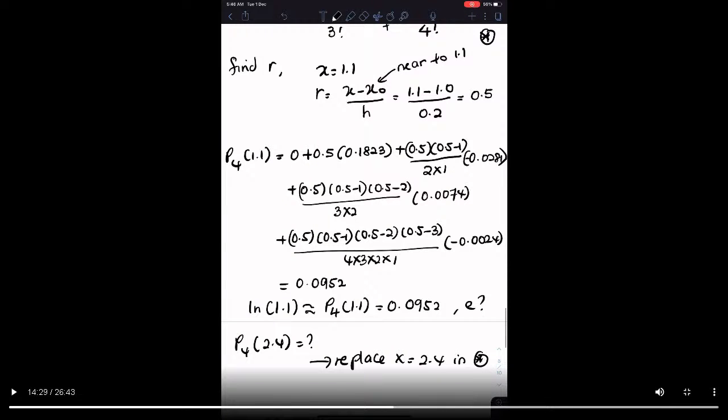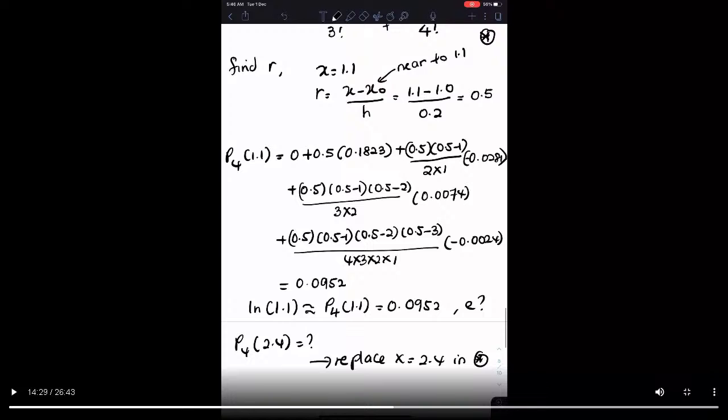When you press your calculator, what is ln 1.1? Is it similar to 0.0952? My question, similar or not?